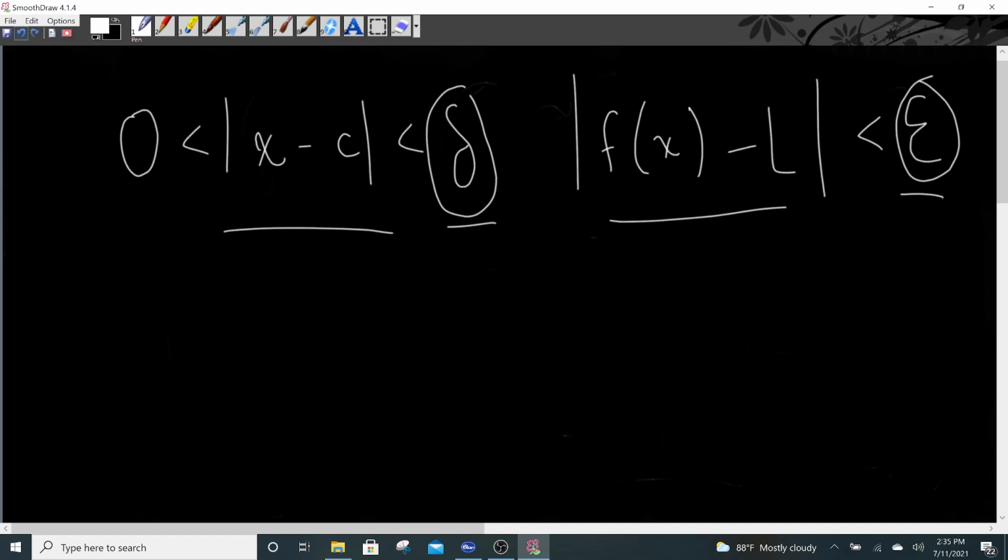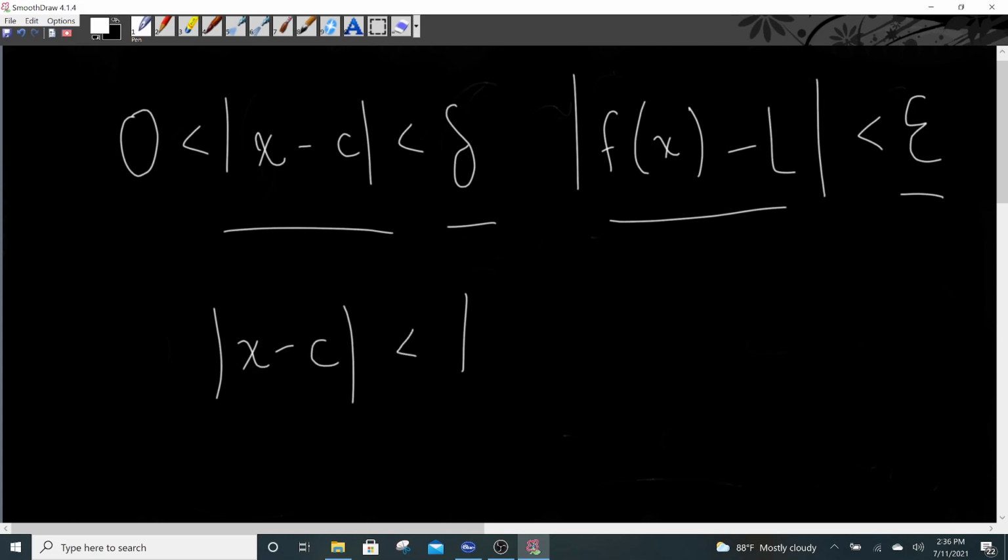Let's say that delta, we're only going to work with the left equation right now. Let's say that delta is like 1. And we need to say that the absolute value of x minus c is less than 1. And it can't equal 0. Like x can't equal c, but still.